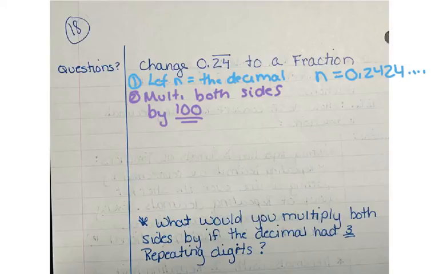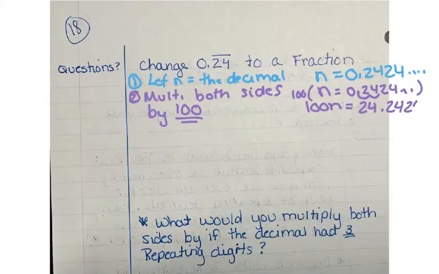So that means now n equals 0.24 repeating times 100. When it was 1 digit, we multiplied by 10. When it's 2 digits, I'm going to multiply by 100, because now I need to move this decimal place 2 places. So I'm going to get 100n equals 24.24 repeating.